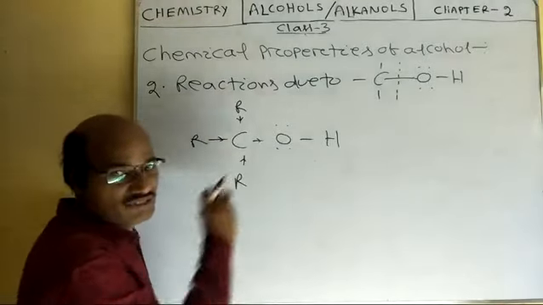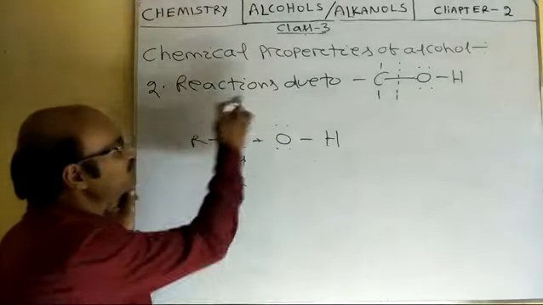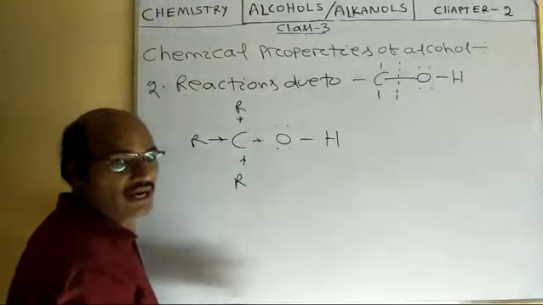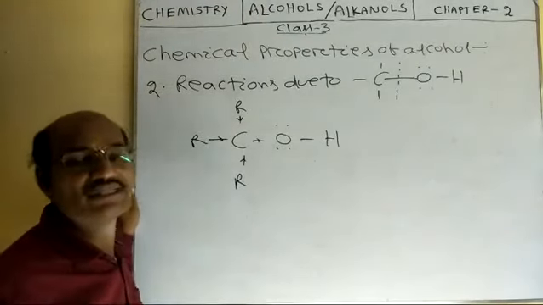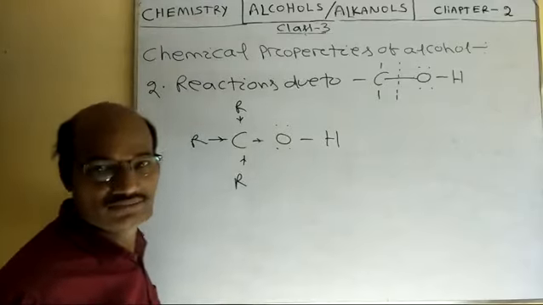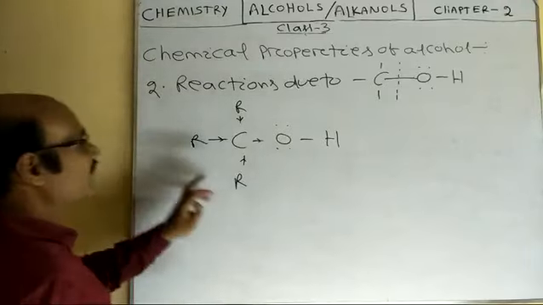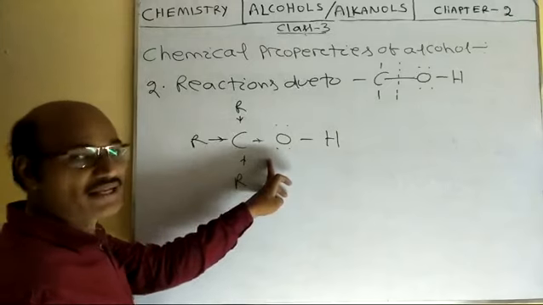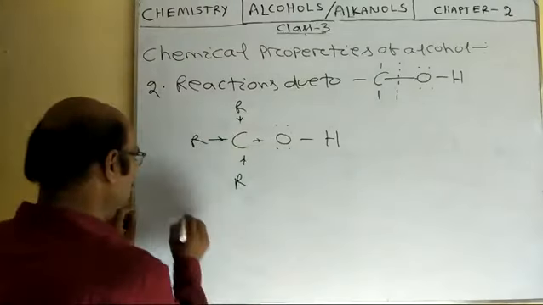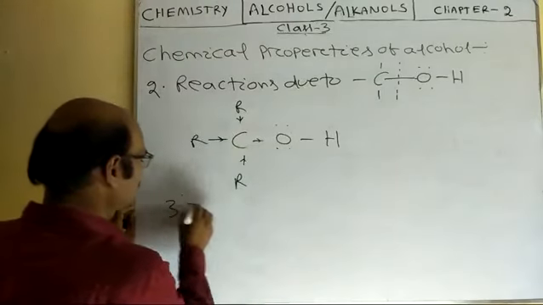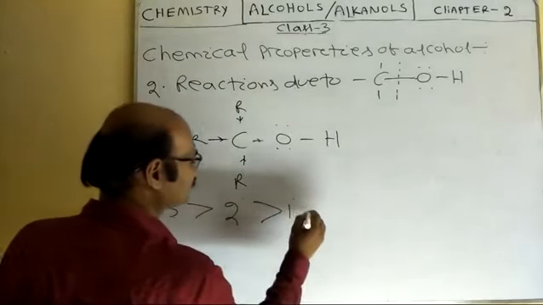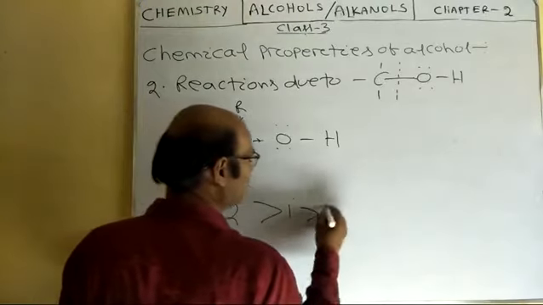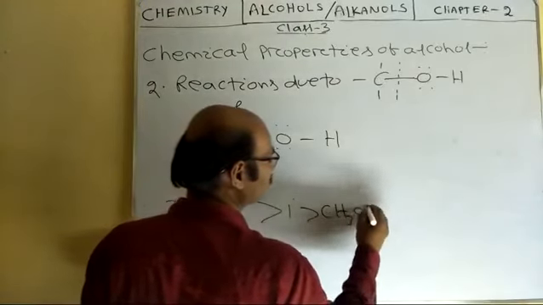So for this kind of reason, tertiary alcohols are more reactive, then secondary, then primary, then methyl alcohol. So whenever C-O bond breaking is involved, the tertiary alcohol is more reactive, then secondary, then primary, then your methyl alcohol.